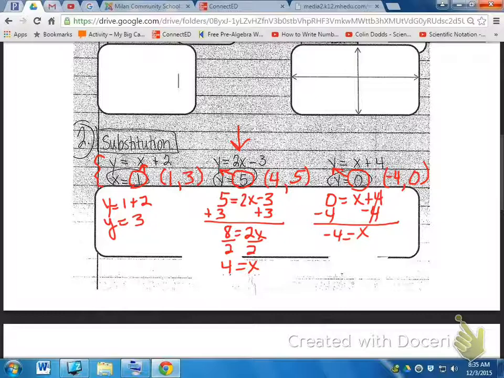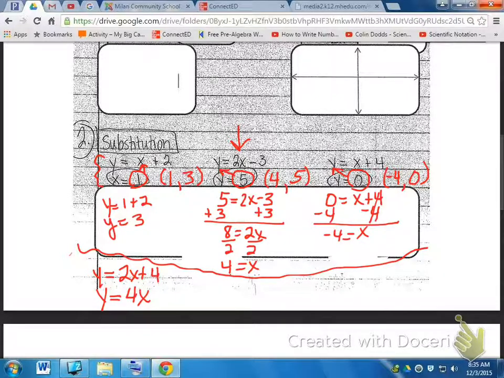So I'm going to try to do it up here on the top. Well, maybe not. Let me try to do it down here. So here we go. My two equations are y equals 2x plus 4 and the other one is y equals 4x. They didn't tell us either one, did they?